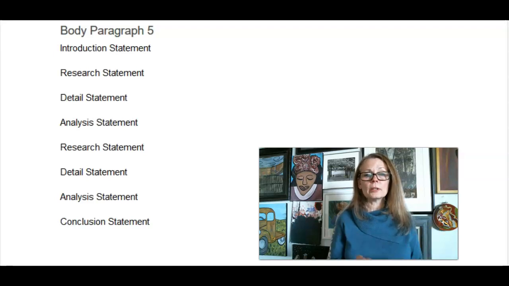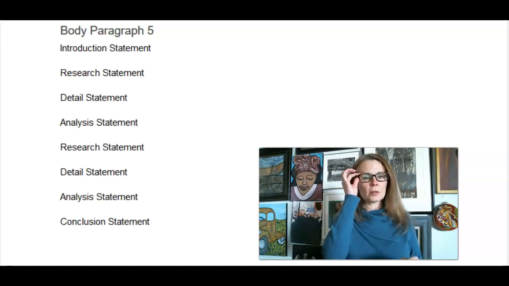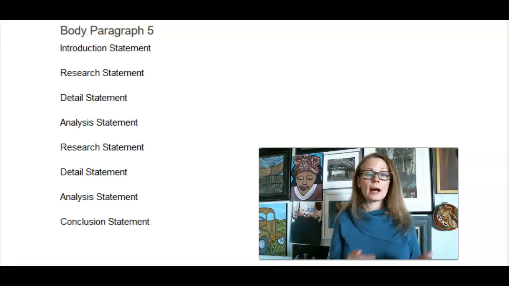So just go to the book and look up those individual cases so that you can know exactly how to operate with those situations. But in most cases, you're going to do last name of your author, page number. They go in parentheses and the period goes after the closed parentheses. Again, those are going to go into your research statement and your detail statement. They go at the end of the sentence.